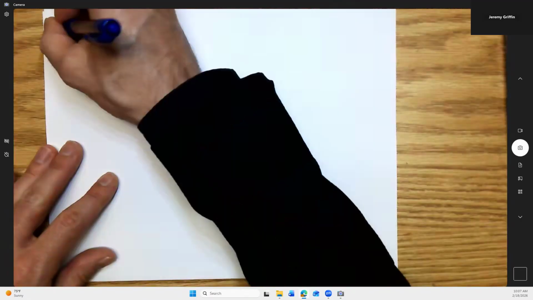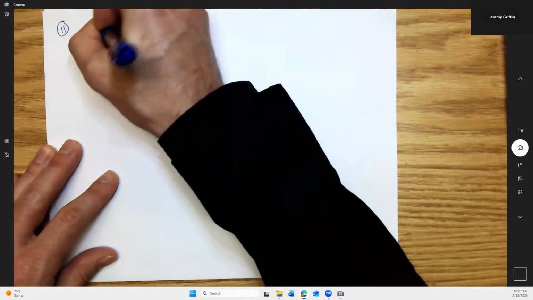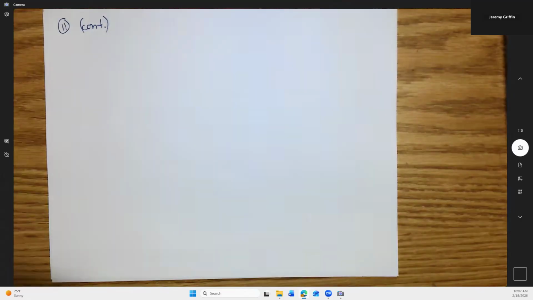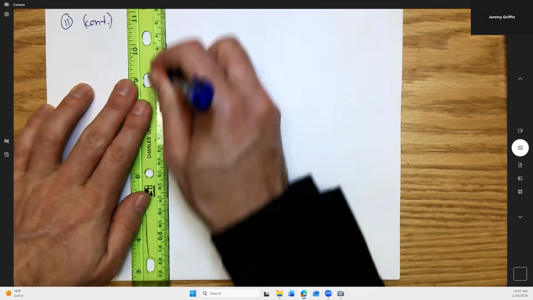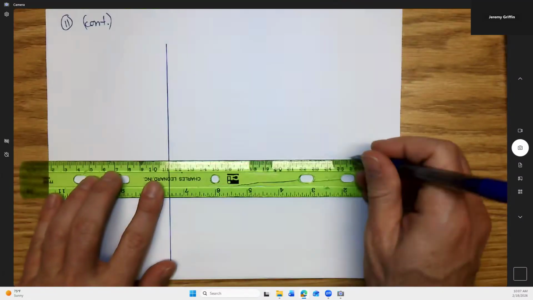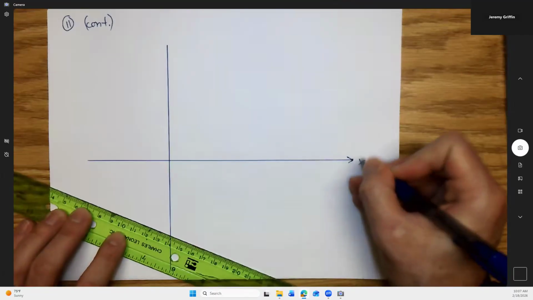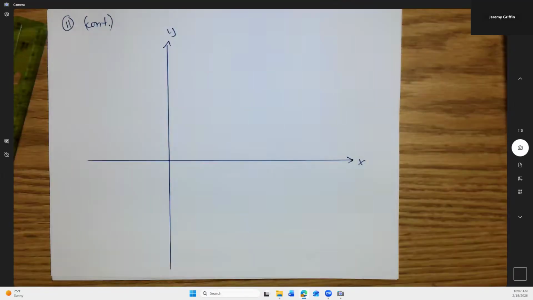Okay. All right, same as before, number 11 continued. Let's get some axes going. X-axis, y-axis.